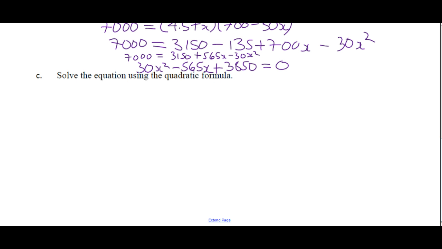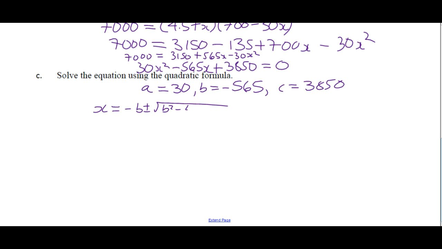Okay, solve using the quadratic formula. So A is equal to 30, B is equal to negative 565, C is equal to 3,850, and you surely need a calculator to do this, because we're going to be squaring 565. The formula: x is equal to negative b plus or minus the square root of b squared minus 4ac, all over 2a.